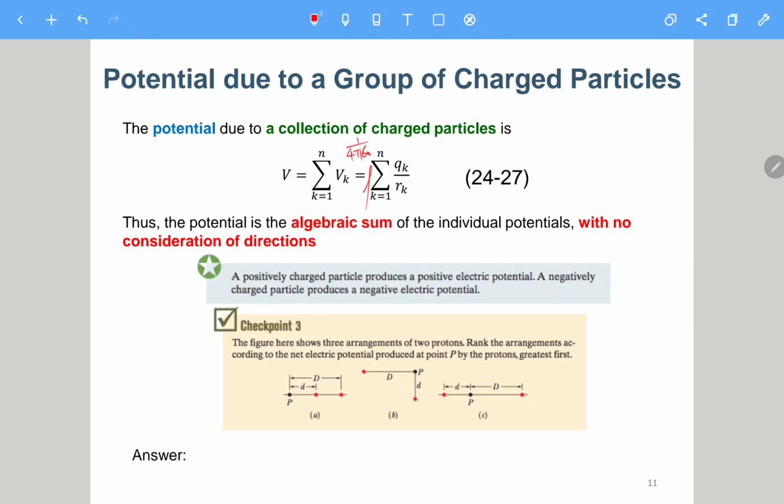But here potential is a scalar field. This is a scalar field. So when we need to add them together, it's just like an algebraic sum, 代数和, of individual potentials with no consideration of directions. So it will be the easier part here.